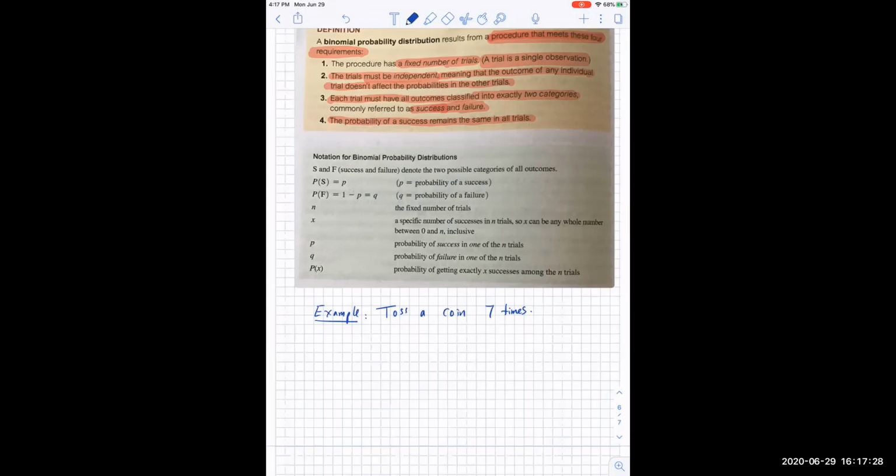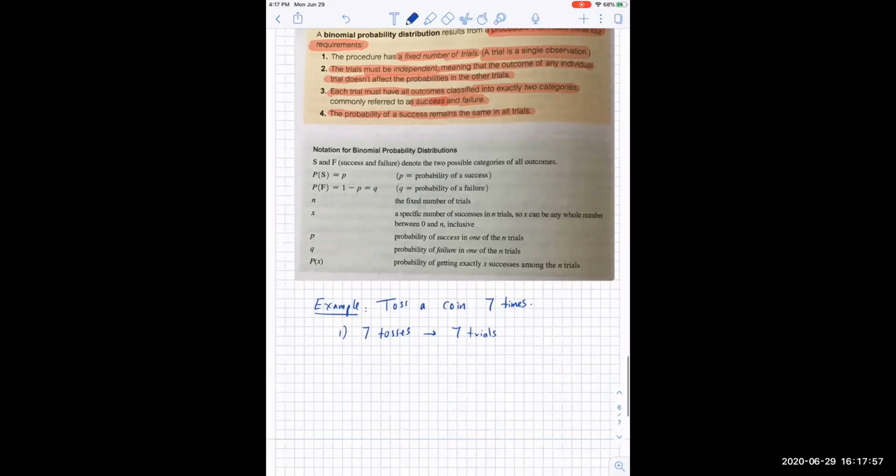Is this considered a binomial experiment or procedure? Let's find out. Is there any repetitions here? Yes. Now, the first condition is satisfied. We have 7 tosses, which means we have 7 trials or repetitions. So this procedure is repeated 7 times.